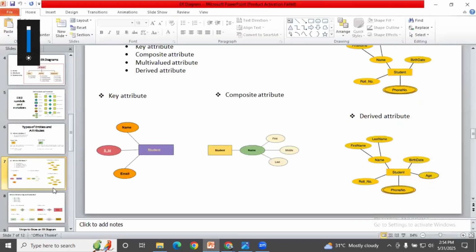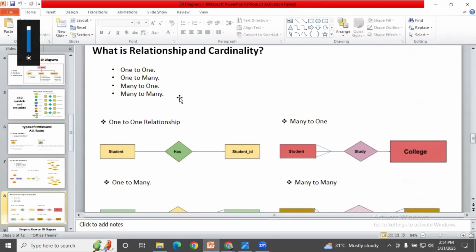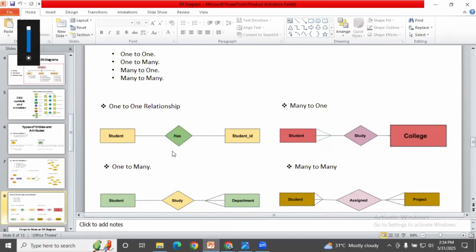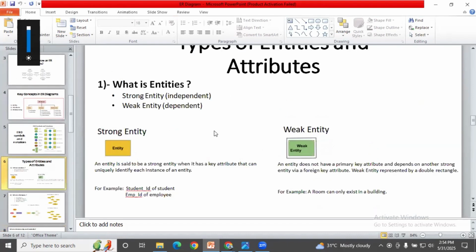Okay. So when we come to the relationship or cardinality, this one is the one-to-one relationship. This one is the one-to-many relationship. And this one is the many-to-one and many-to-many. Okay. And another thing is weak entity and strong entity.